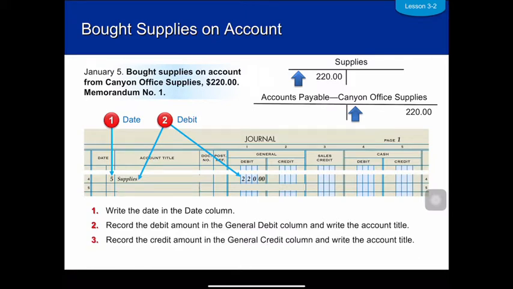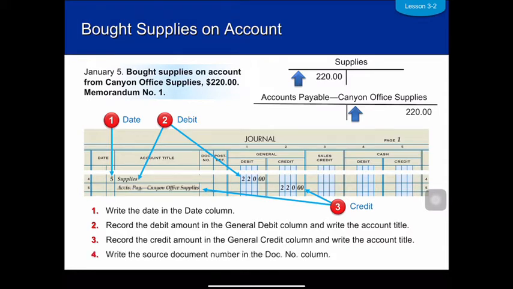You will notice there's not a special amount column for accounts payable, Canon Office Supplies, so we have to use a second line of our journal for this one entry. We will record the credit in our general credit column, and again, we will identify the account affected in our account title.